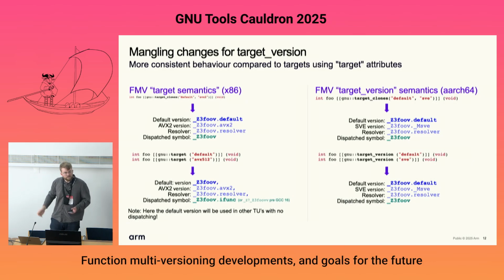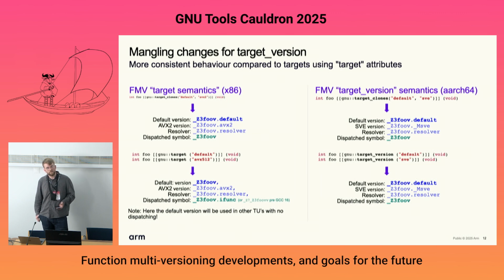Are they trying to bypass the default version when you're calling within a TU? I remember that being a significant win from the Intel group. What do you mean, sorry? When you have a versioned function, instead of going all the way back to your resolver, you want to go directly to the target version based on where they were.